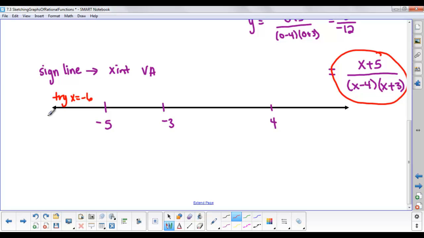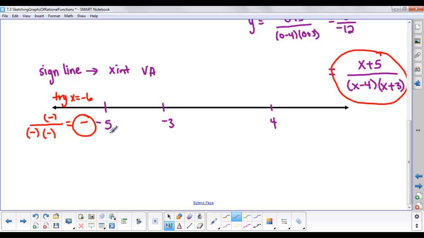In the numerator, clearly the numerator will be a negative number. In the denominator, -6 minus 4 would be a negative number, and -6 plus 3 would also be a negative number. So we have 3 negative numbers, which makes the whole thing negative. In the interval where x is less than -5, our function would be below the x-axis because we ended up with a negative value.